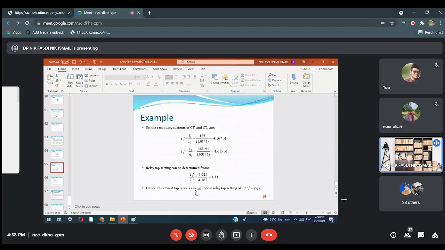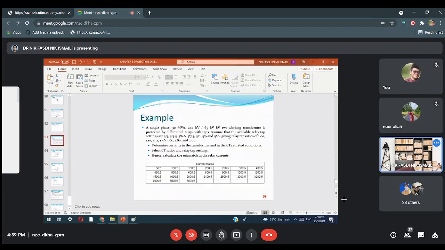That's why here it says the cross set ratio is 1.1. So the chosen relay setting is I1 prime over I2 prime, 5 ratio with 5.5. This is the tap setting here. This is the ratio between the current of I1 prime and I2 prime over I1 prime.